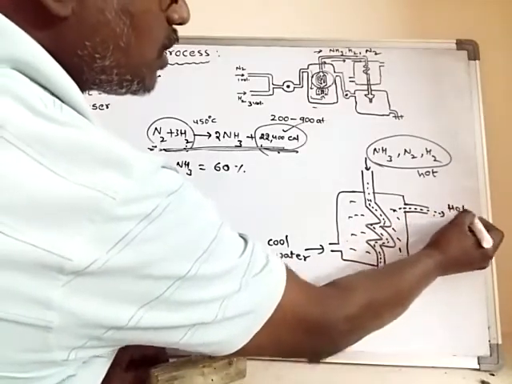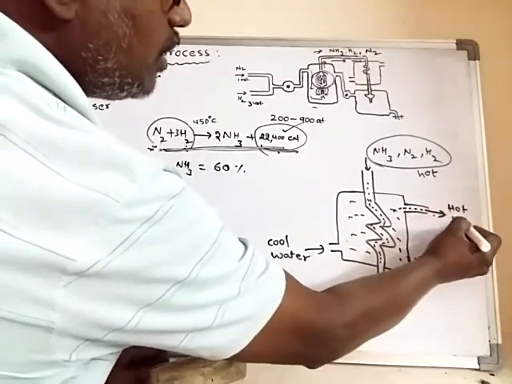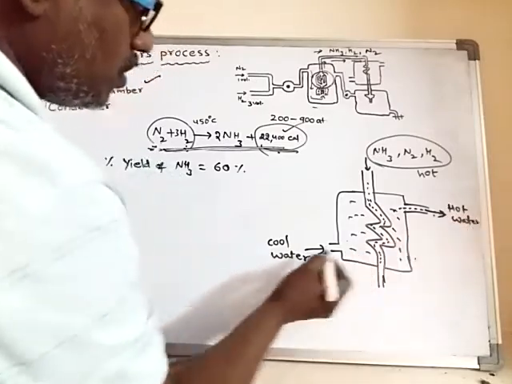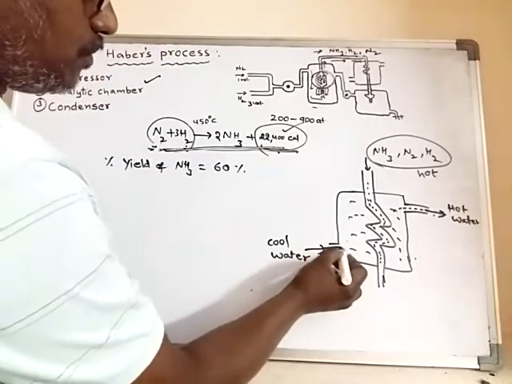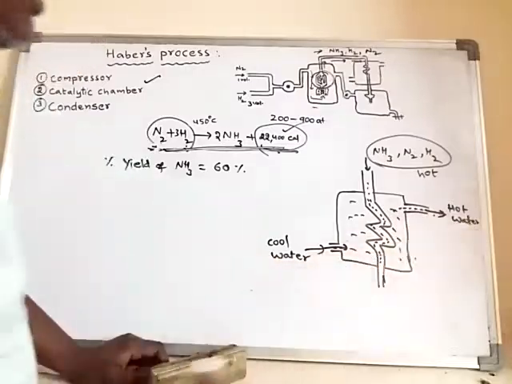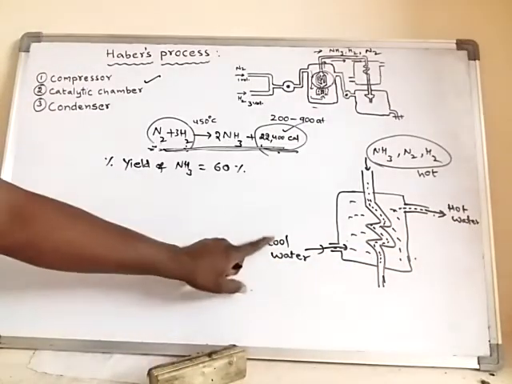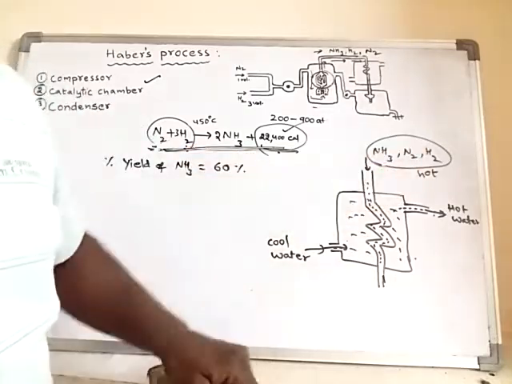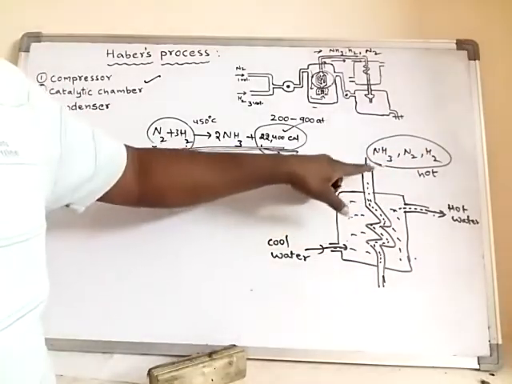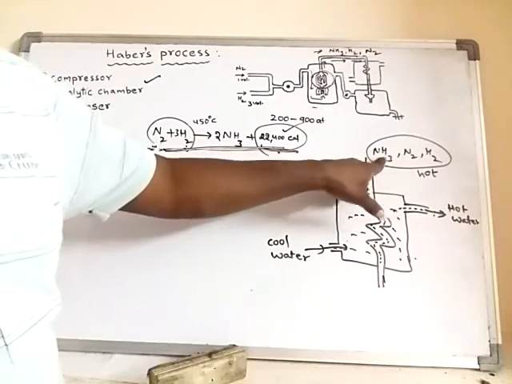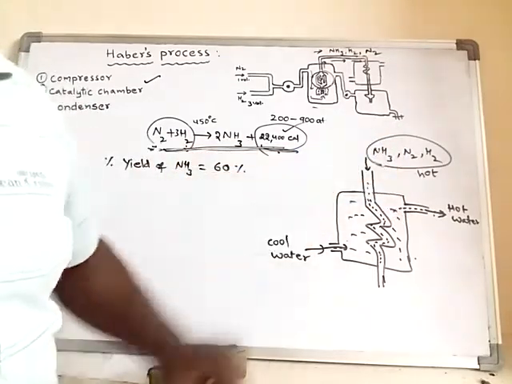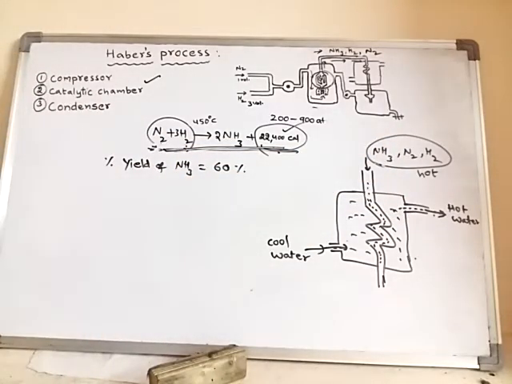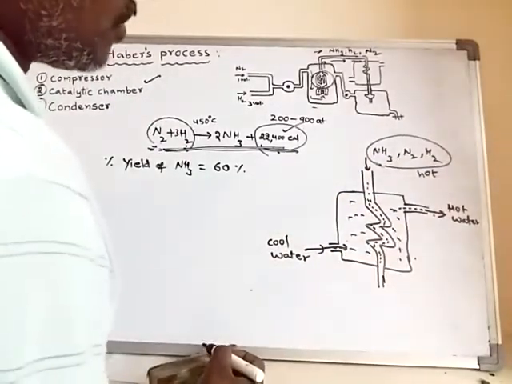So cool water will enter, and hot water will come out. This cool water absorbs the heat energy from these hot gases, and due to this, the mixture of gases will cool down.